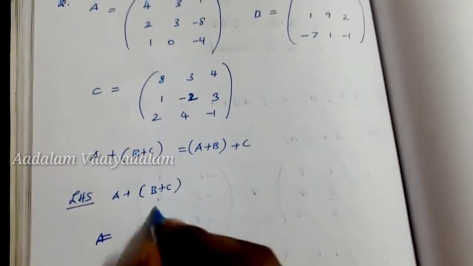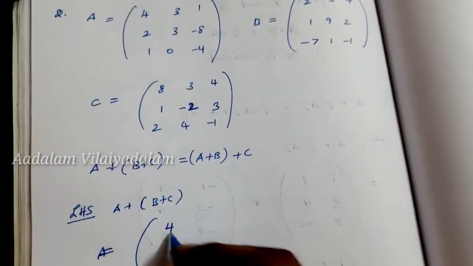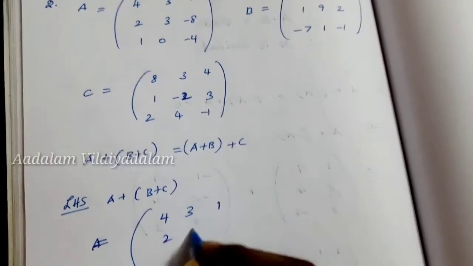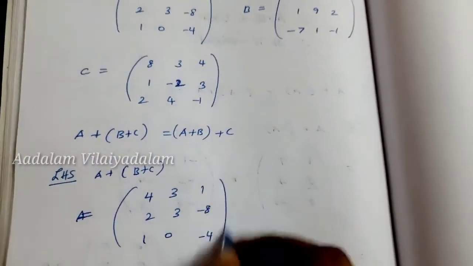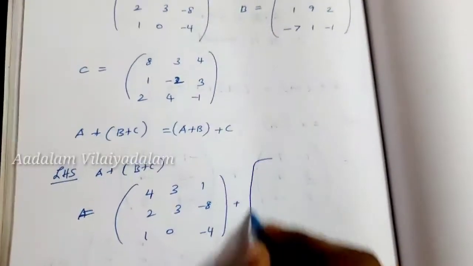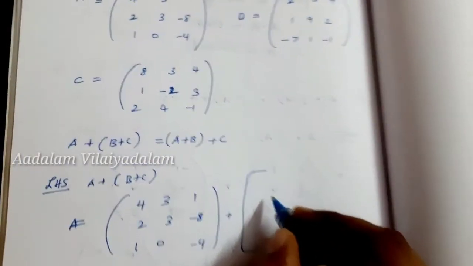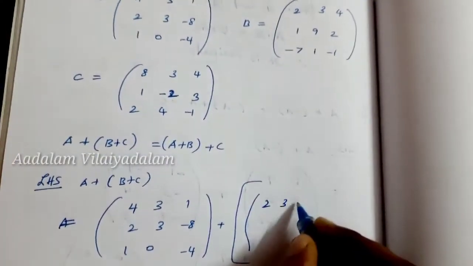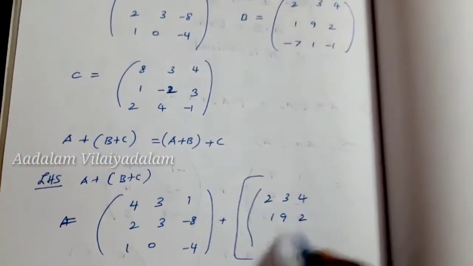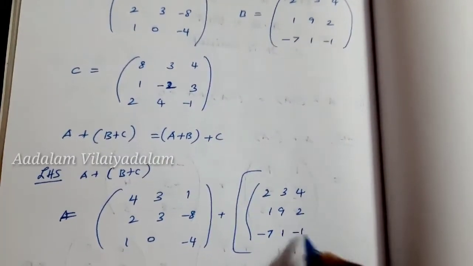So let's apply the A matrix: 4, 3, 1, 2, 3, minus 8, 1, 0, minus 4. Then we write the B matrix and C matrix. The B matrix is 2, 3, 4, 1, 9, 2, minus 7, 1, minus 1.